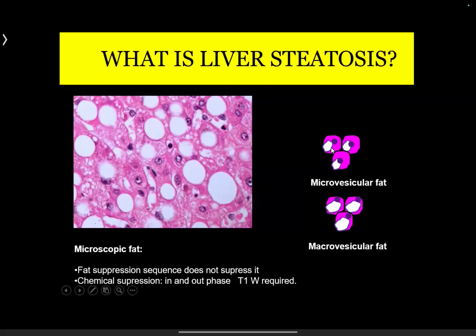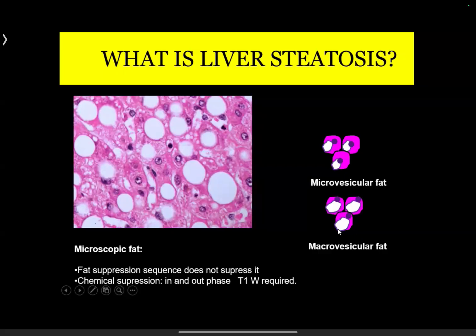At initial stage, the fat globule is small, which is not pressing on the nucleoli, and that is called the microvesicular fat. And the same fat globule, when increases in size, it starts displacing the nucleoli, and that is called macrovesicular fat.